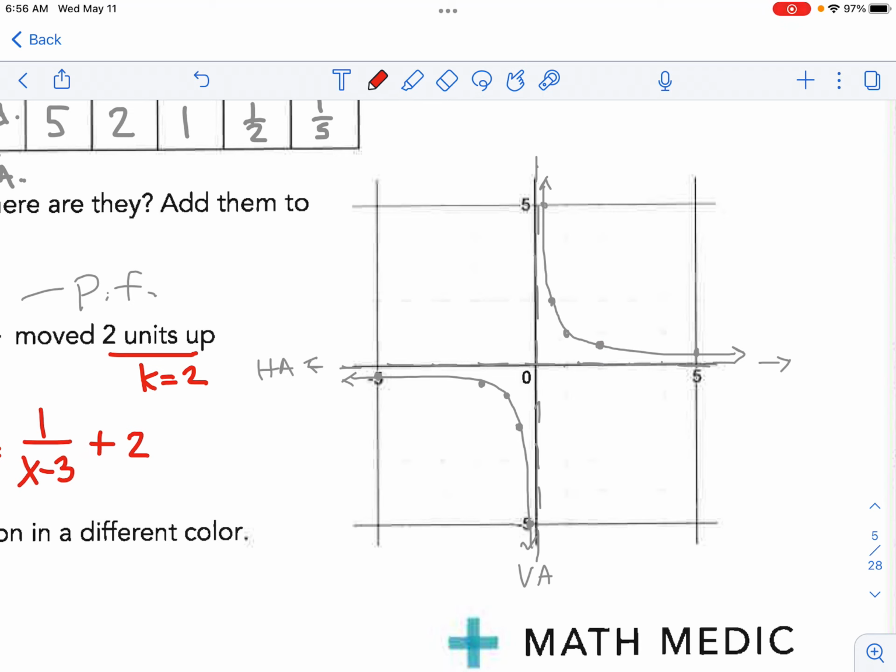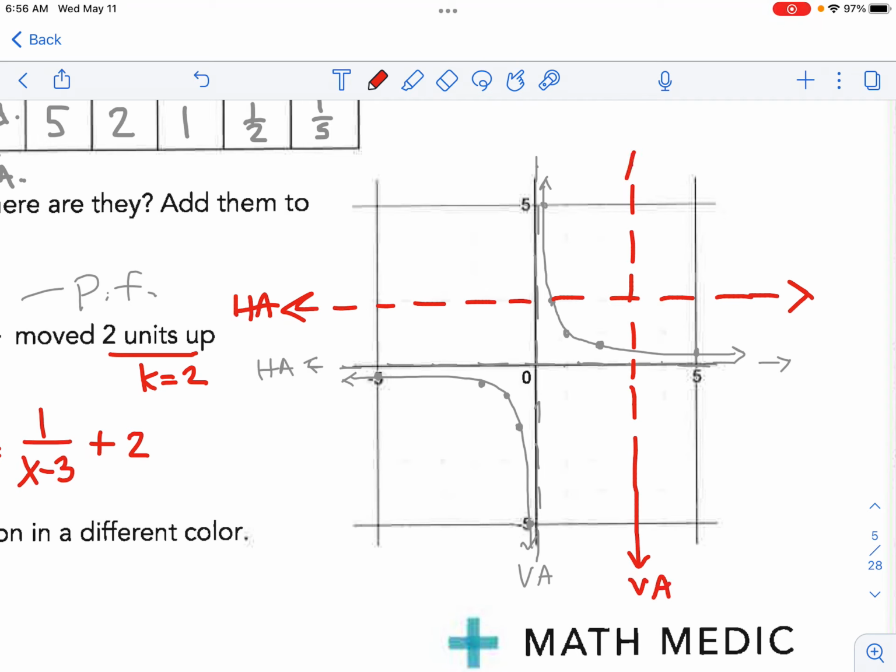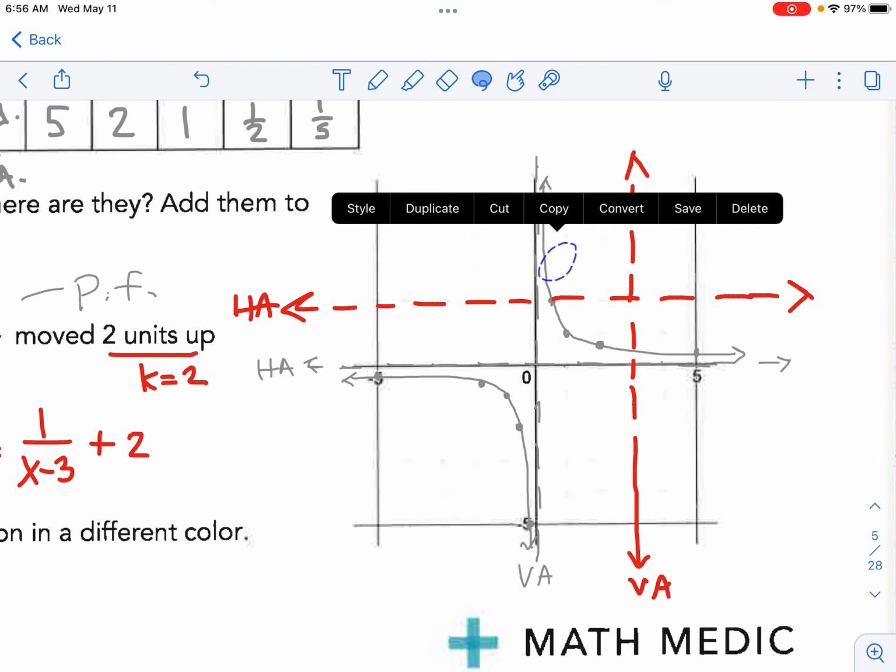So if I take this asymptote and move it up 2, it's up here at 2. So here's my horizontal asymptote. And I've got to move right 3, so that would be right here. Here's my vertical asymptote. And then I don't want to replot all those points.